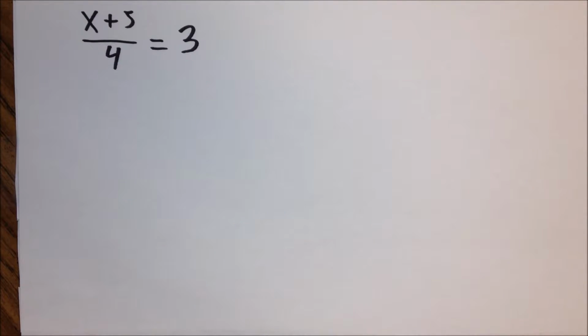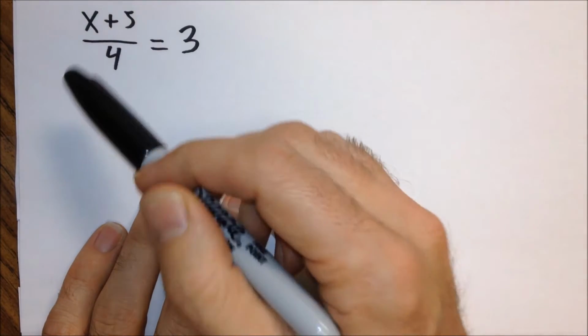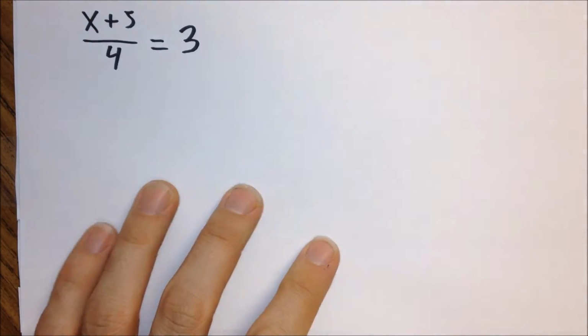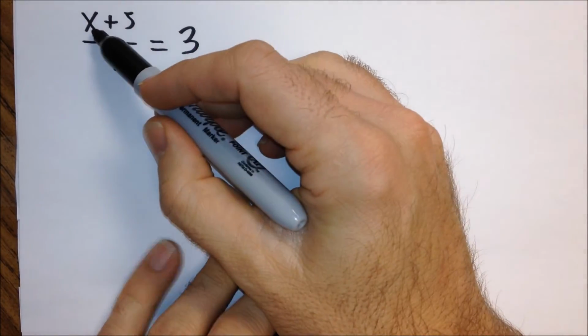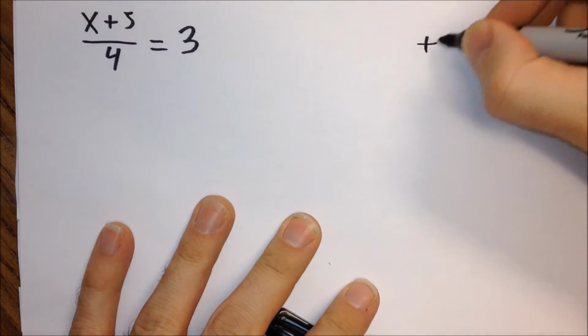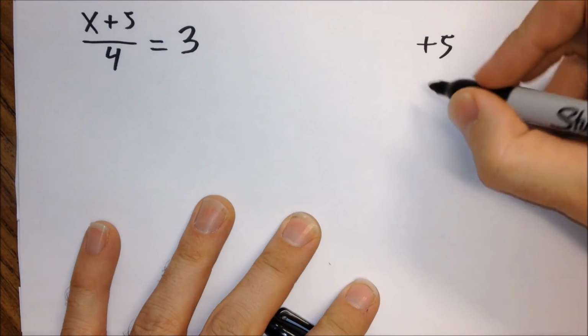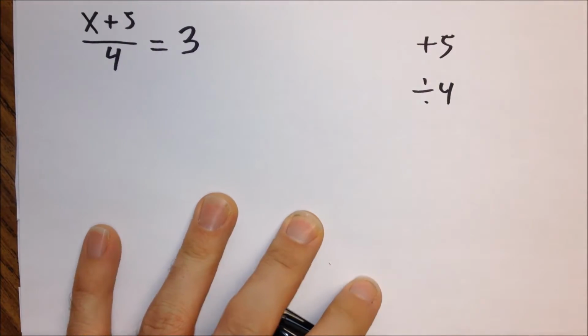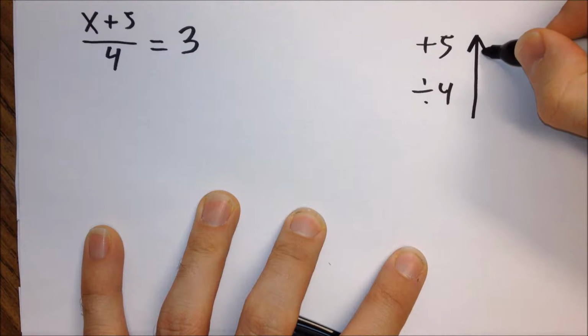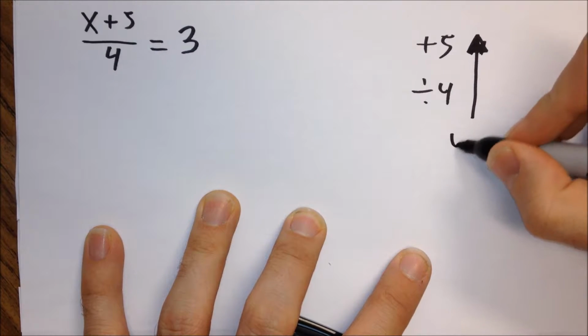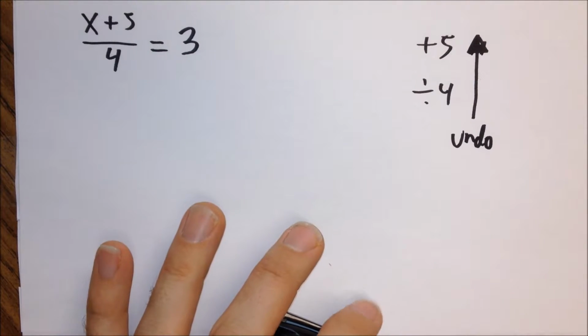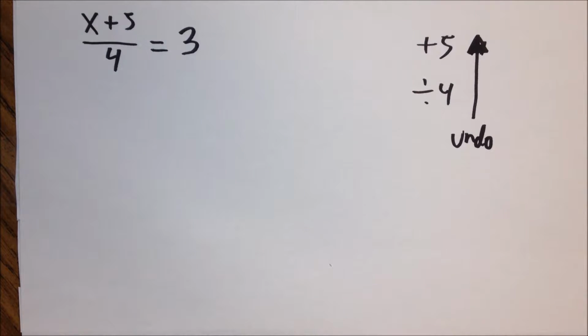Let's look at another problem that's somewhat similar. If I look at this problem, I might say, if I were to put a number in for x, what order would they interact? Well, I would say x first had 5 added to it, and then it was divided by 4. So if I want to undo these, I undo them in the opposite order from which they were applied to x.